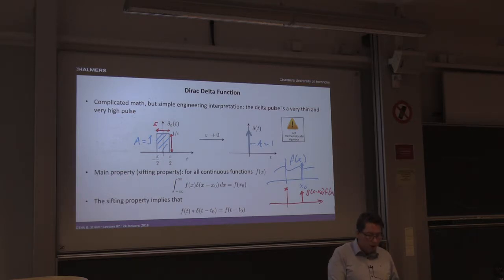And since we agreed that the area of the delta function is 1, the area of the delta function multiplied with this function here should be the value of the function. So when we integrate here, we get the value of the function. Okay, super fast and not very rigorous argument there, but that's essentially what's going on.